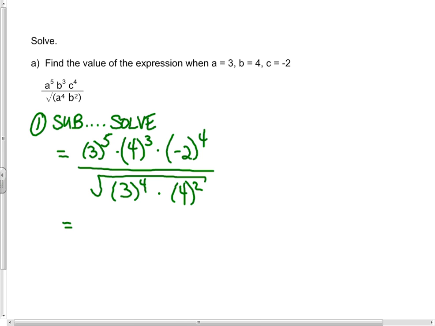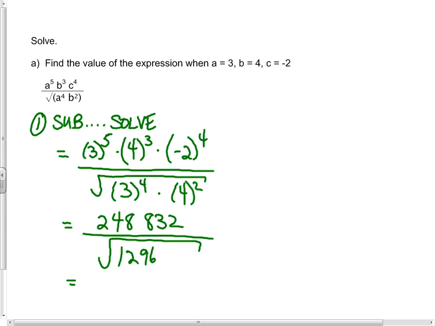3 to the 5th times 4 cubed times (-2) to the 4 is 248,832. Yep, did that in my head. And on the bottom, I have the square root of 1296.